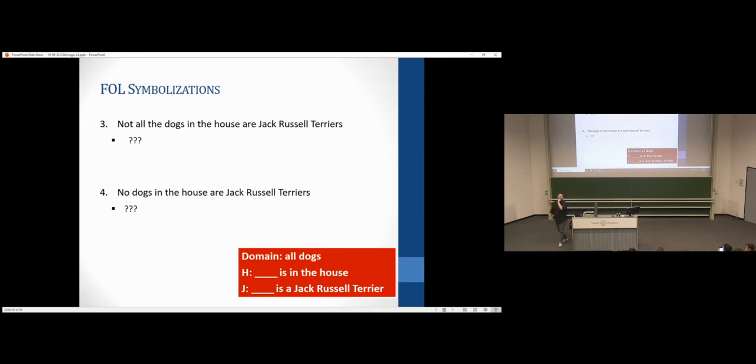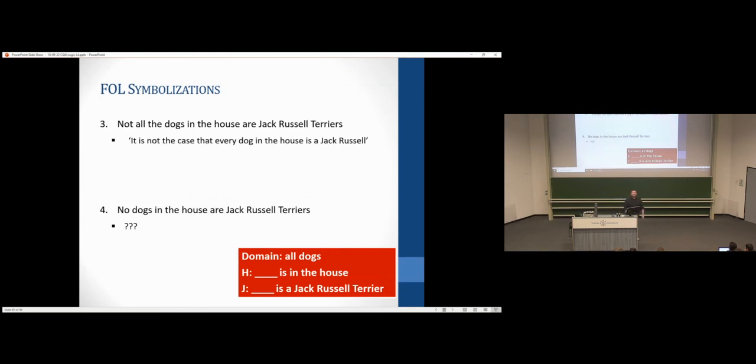If it's not all, what is it saying? Nice. If it says not all, it's not the case that every dog in the house is a Jack Russell. That is, we just literally stick a negation in front of the one we did before, the first one.